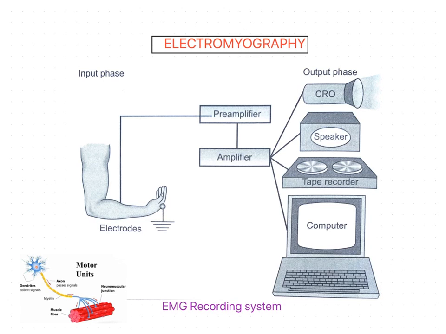Before understanding EMG, one should have knowledge about the motor unit and the mechanism of conduction of impulses through the nerve. Normally the motor unit consists of an anterior horn cell, which is present in the anterior horn of the gray matter of the spinal cord, and one axon, only one axon.